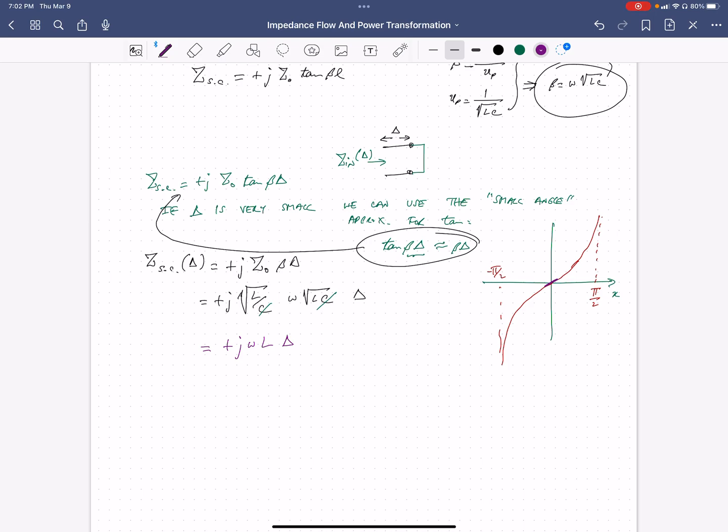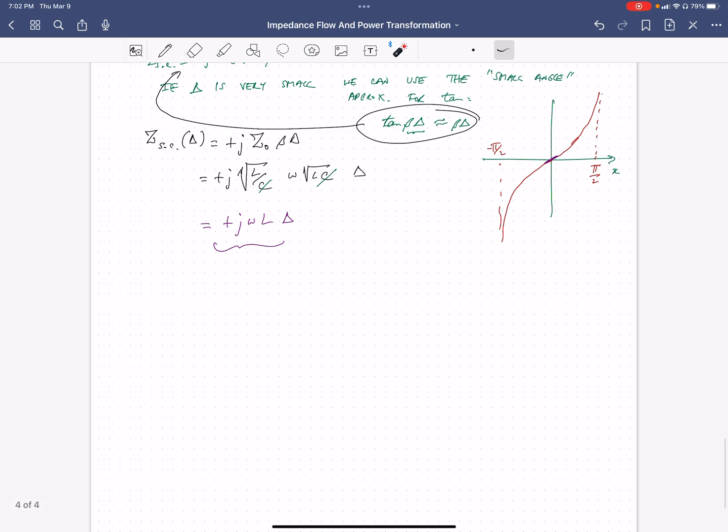So what this says is that if you have a short stub of transmission line and you short the output, you basically end up looking like an inductor.